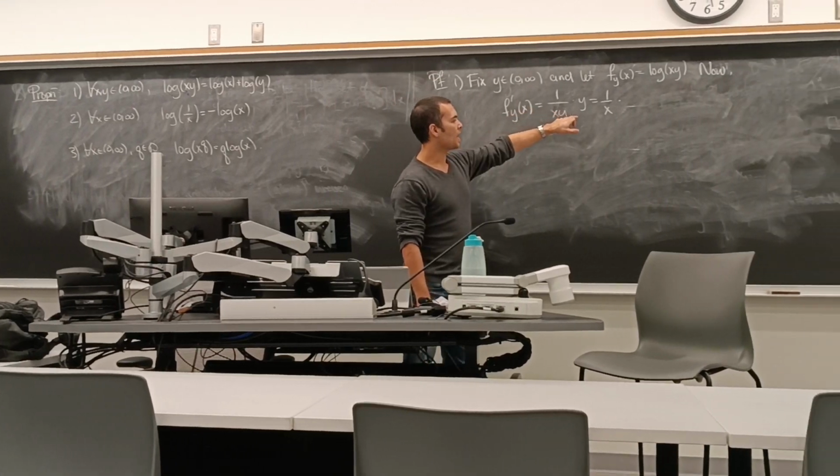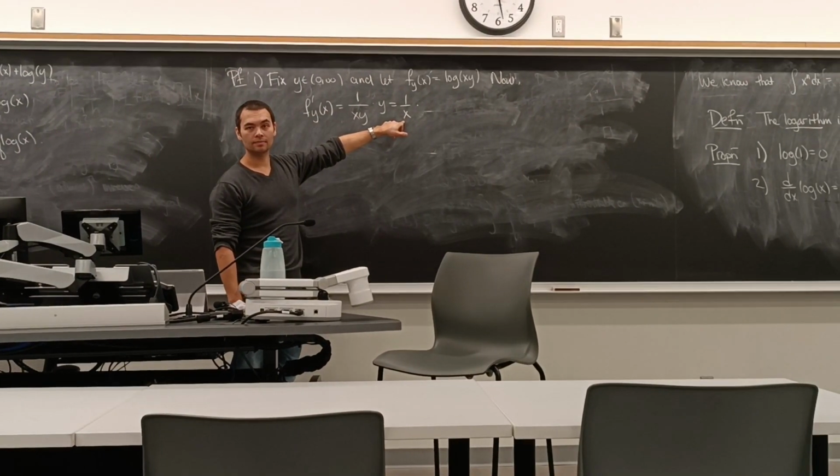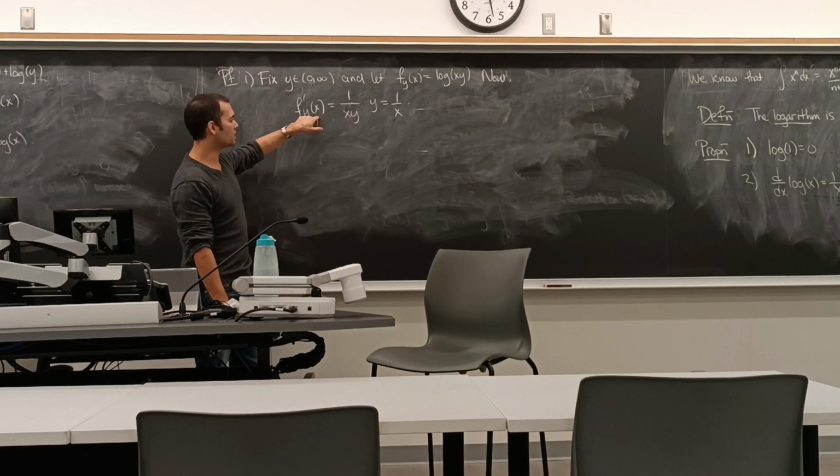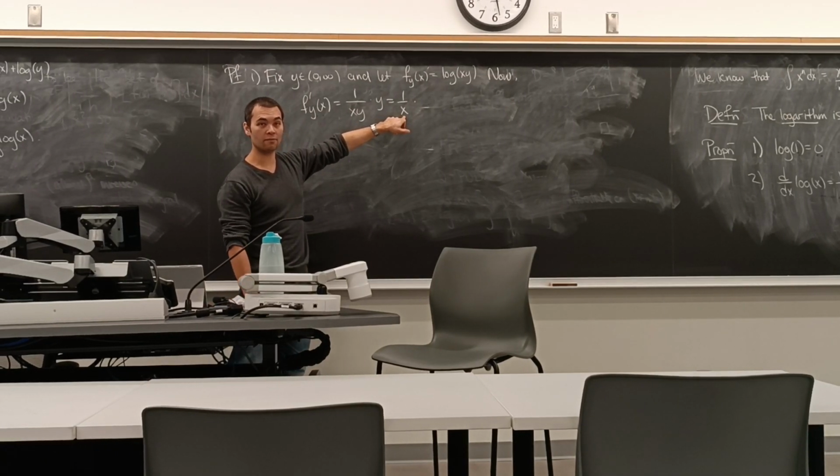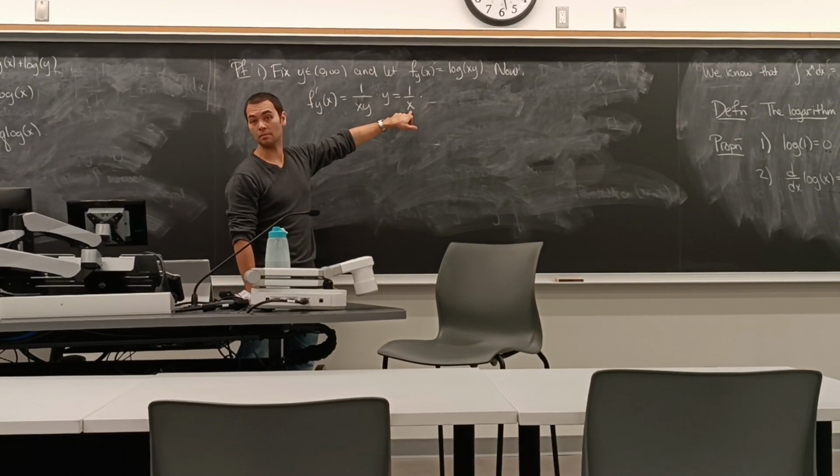So this thing has the same derivative as log x. And this thing's derivative is the same as log x, therefore it's equal to log x plus some constant.